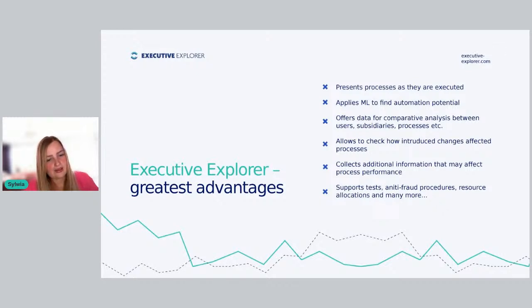It also collects additional information that might affect process performance, as I've mentioned before: information about the users' workstation performance and system performance. This additional information may be very informative when we analyze processes and the reasons why they may be ineffective in some places.